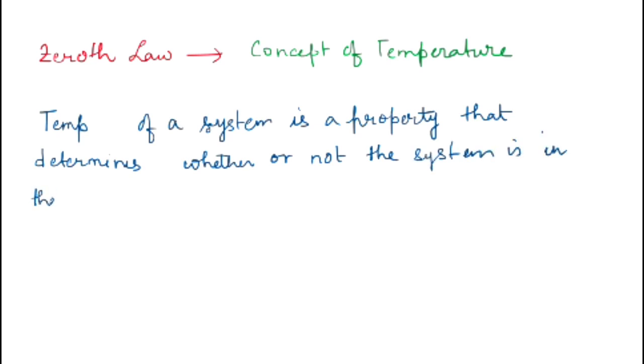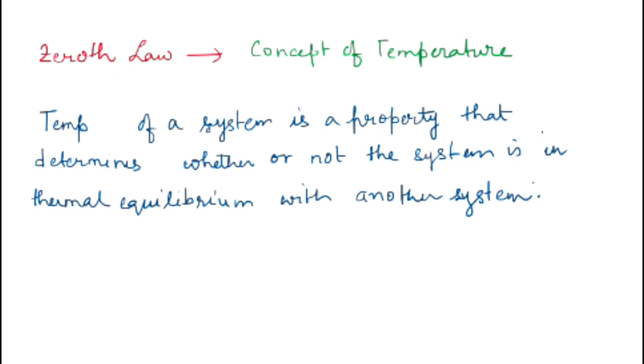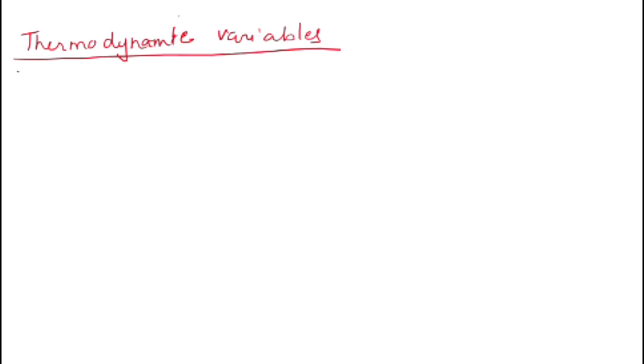Now we are going to discuss an important concept in thermodynamics, which is thermodynamic variables. Now, what are thermodynamic variables? In thermodynamics, the state of a system at any instant represents its condition at that time.